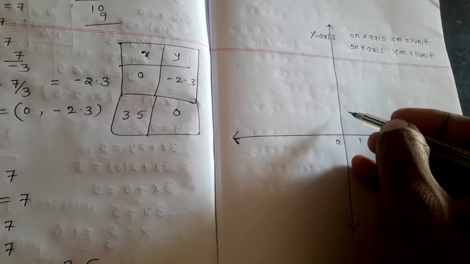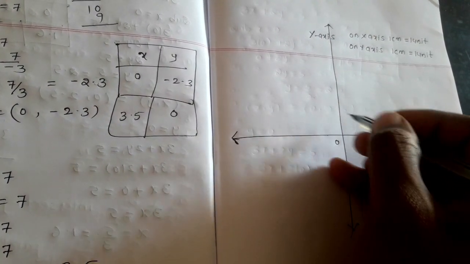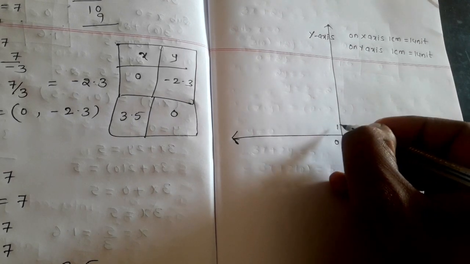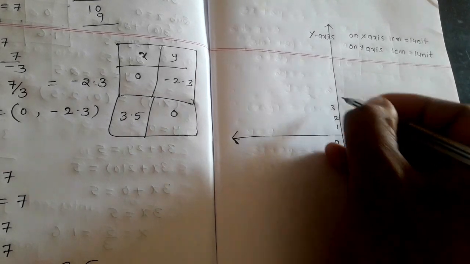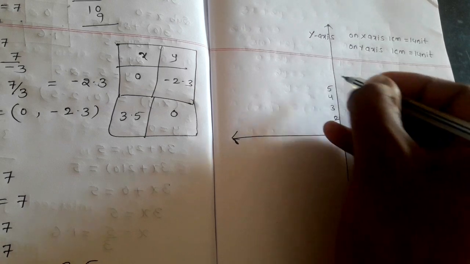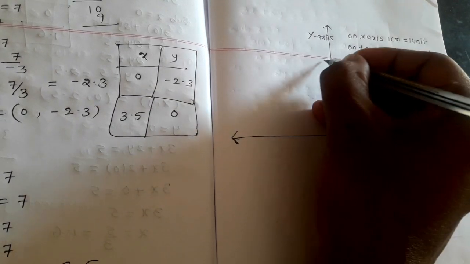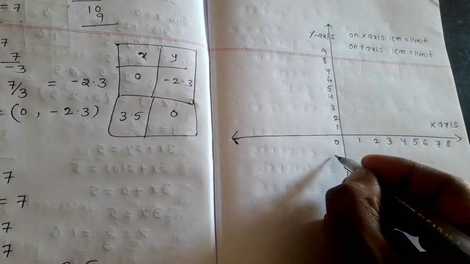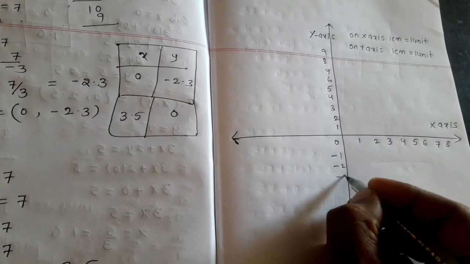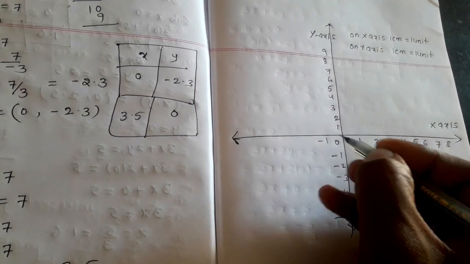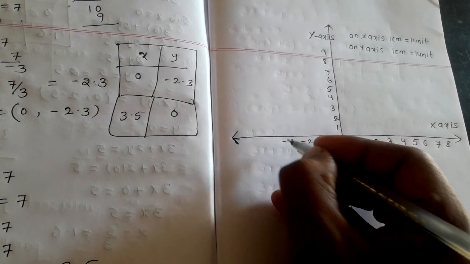So now here, mark the values. So down -1, -2, -3, -4, -5, -6. So here also negative values.